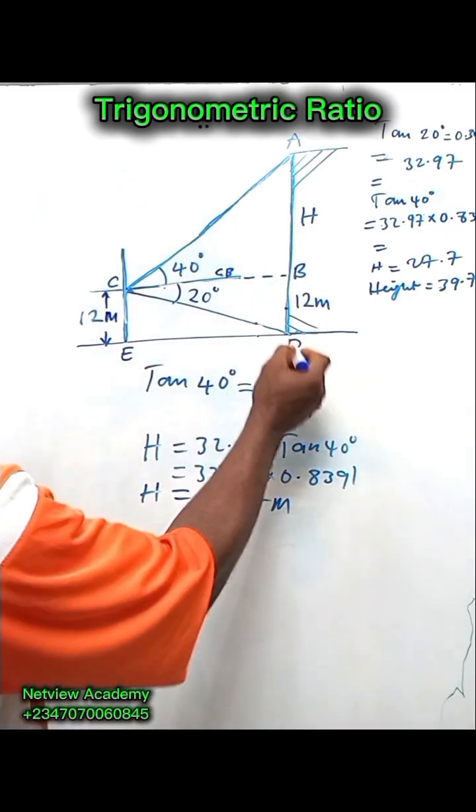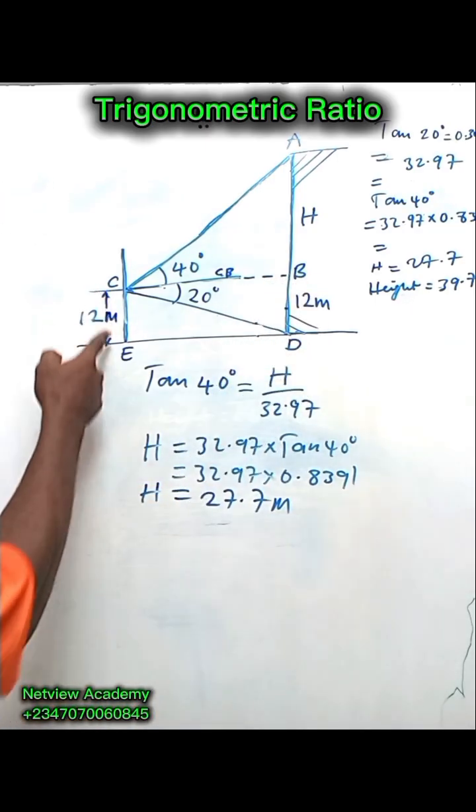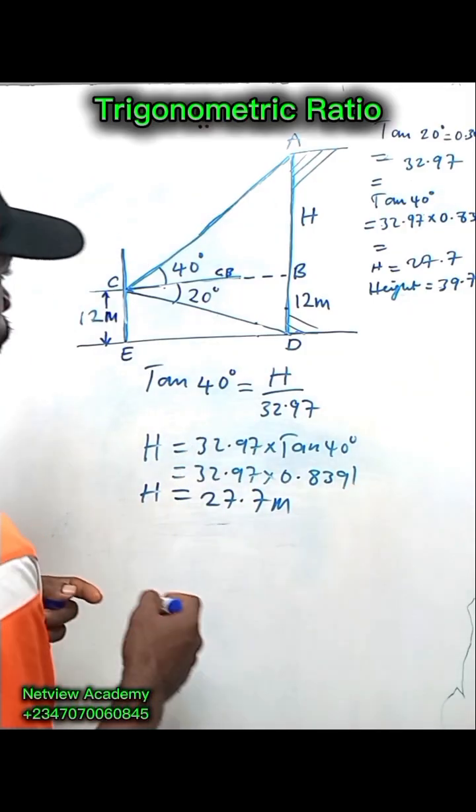So we have BD, which is the same thing as the distance of the window from the ground, which is equal to 12 meters.